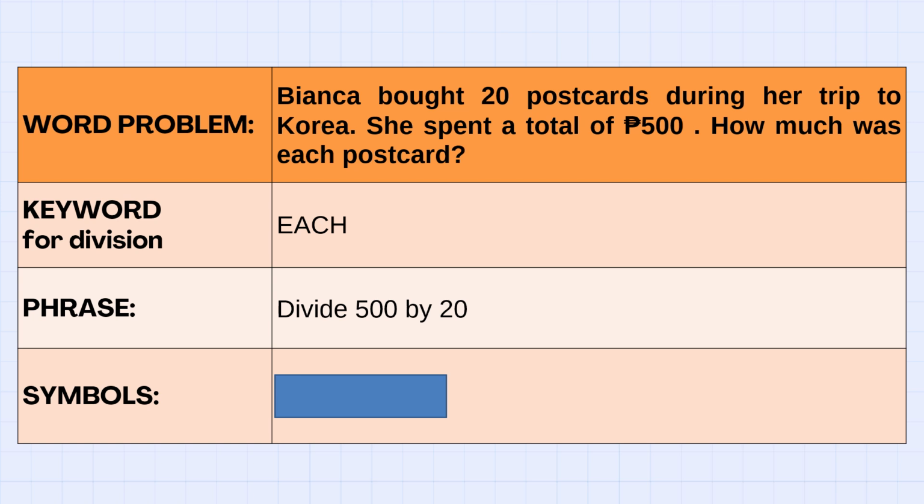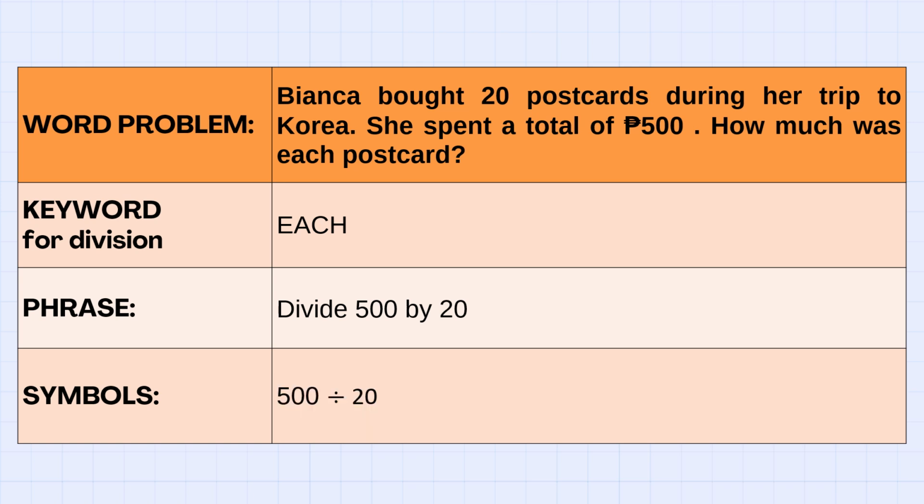Why are we going to divide 500 by 20? Take note that we are asked to find the amount of one postcard. And there is actually a total of 500 pesos spent by Bianca for that 20 postcards. So what we will do to find the cost of each postcard, we simply divide 500 by 20.